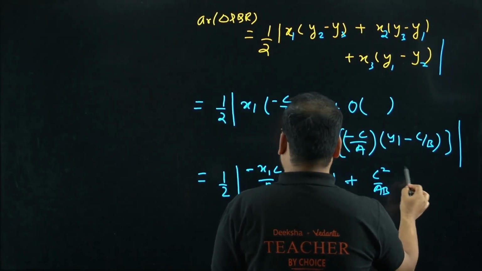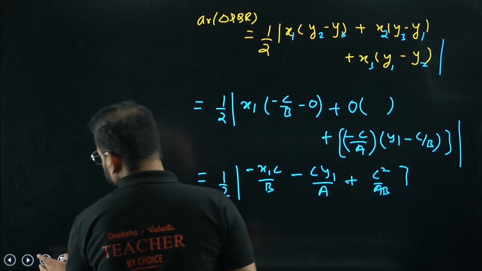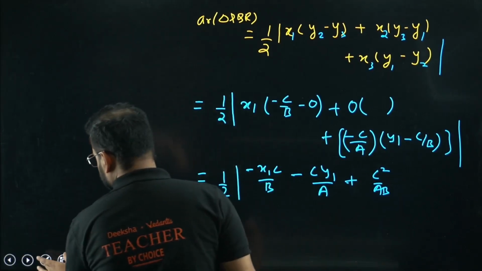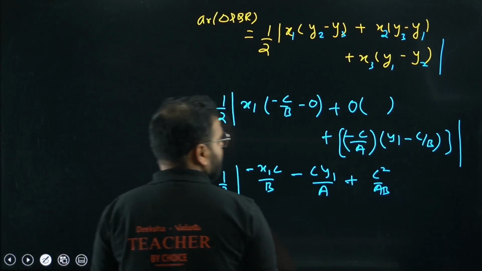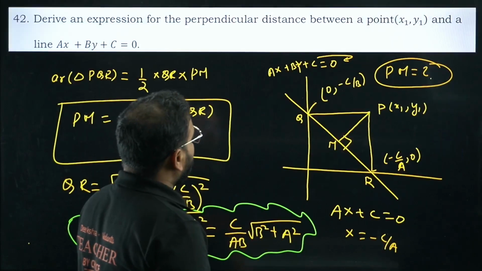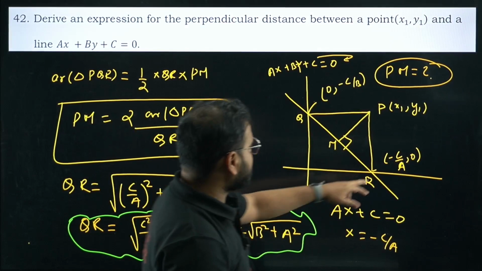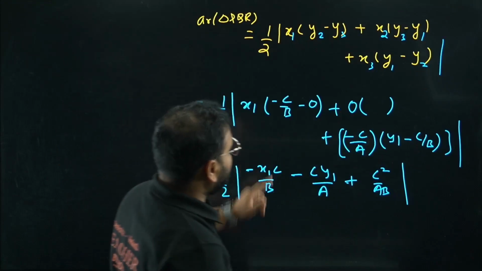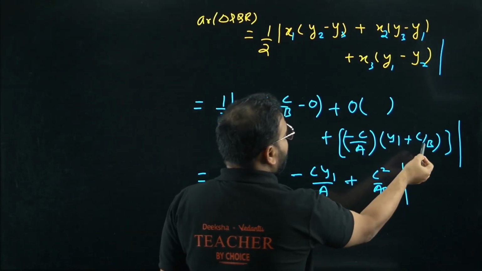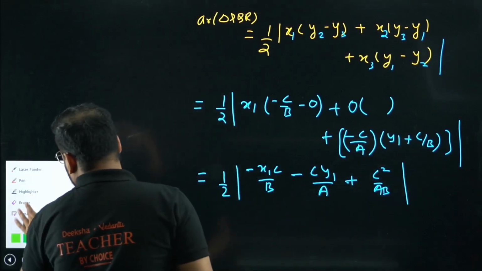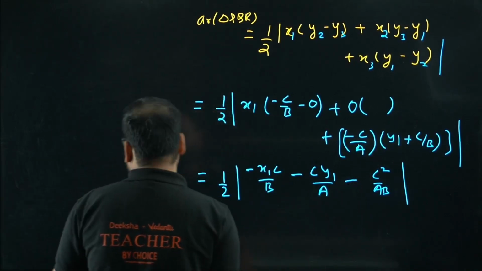Check this out. One second. Yes, this is it. The modulus is closed now. Minus C by A is the value of X3, and Y1 is Y1, and minus of minus C by B will become plus. That's what I'm thinking, why it's coming as positive here. It should be negative actually. I'll show you how.